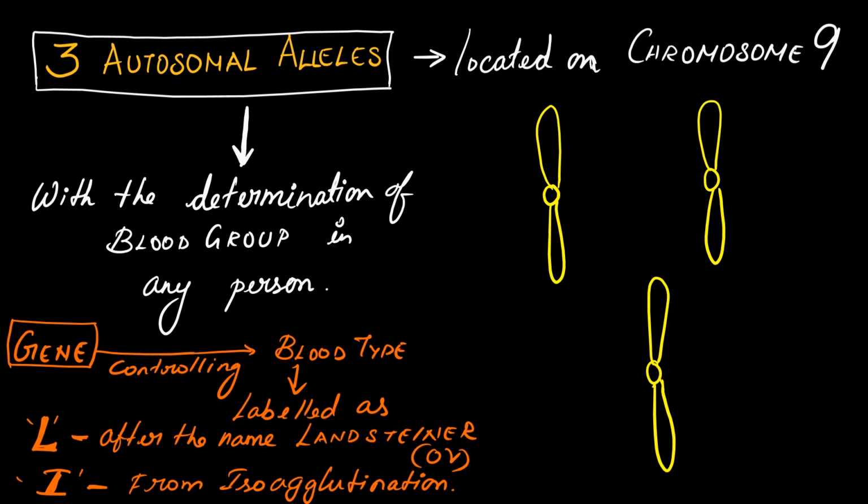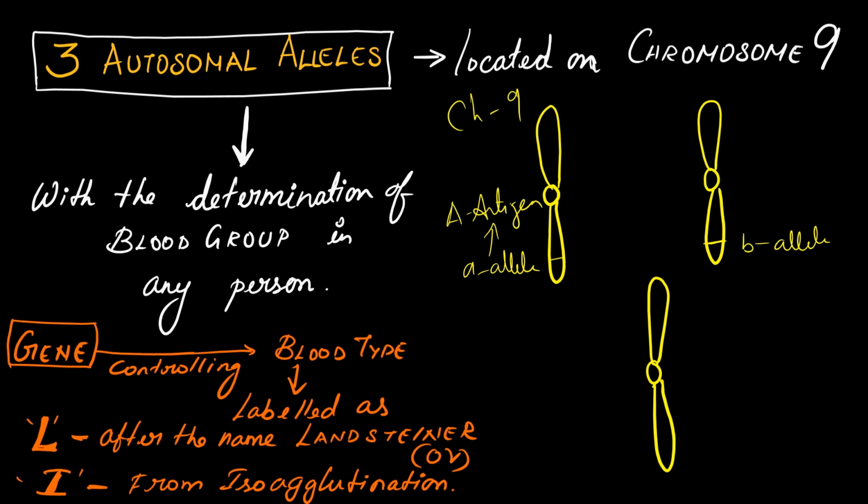Now let me take this chromosome number 9. In this particular location, if they are going to have A allele, this allele will express by producing A antigen. And in another chromosome, in the same location only, they are going to have B allele.